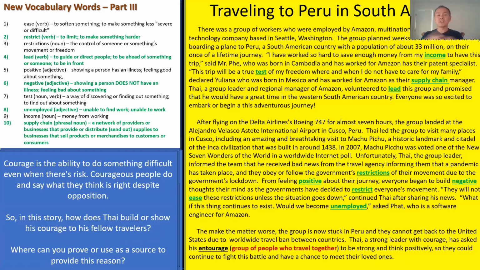For example, Superman, Spider-Man. These are fictional characters, but oftentimes in the stories, they show courage by traveling, by flying to different dangerous places to sacrifice themselves to save people's lives, and they don't worry about whether they get killed or get hurt, okay?